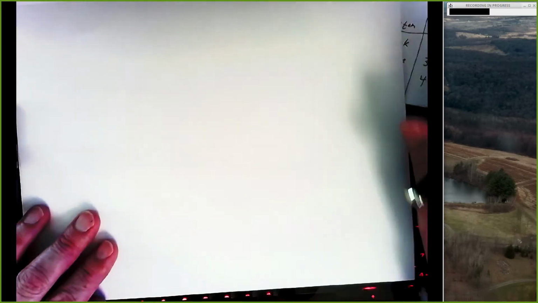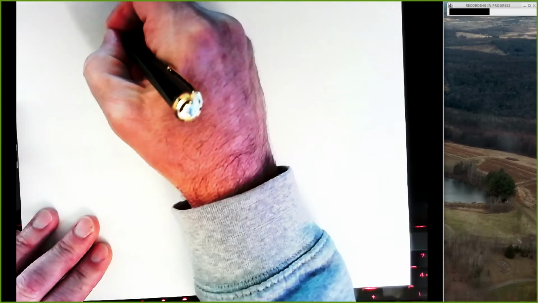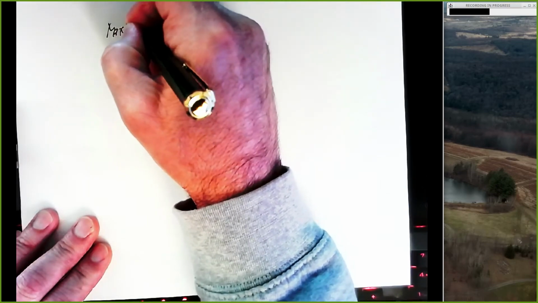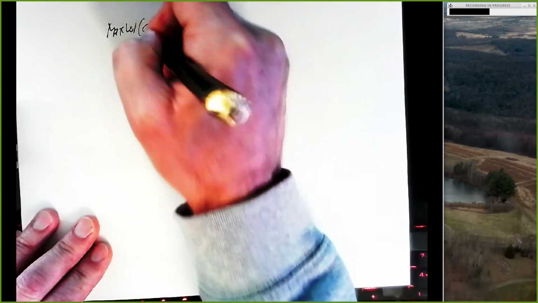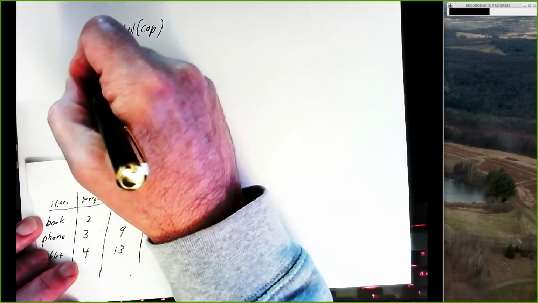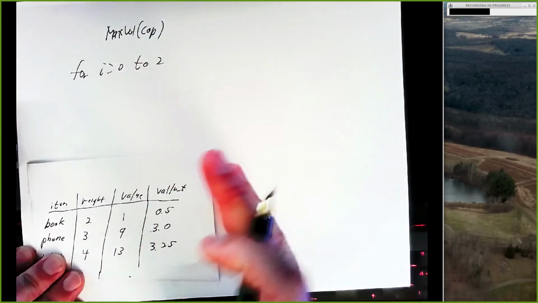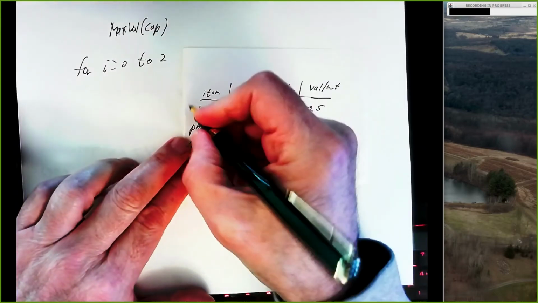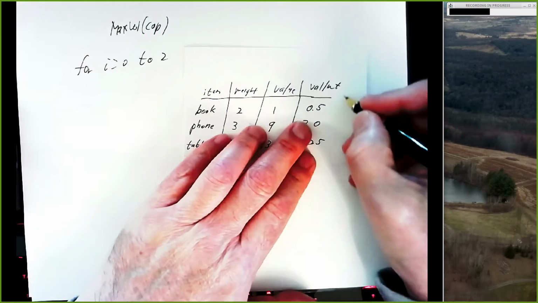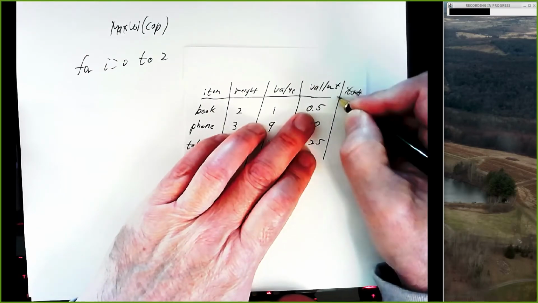And so to pseudocode this a little further, max val of some capacity. So let's just iterate over each of the items. So let me add an item number.